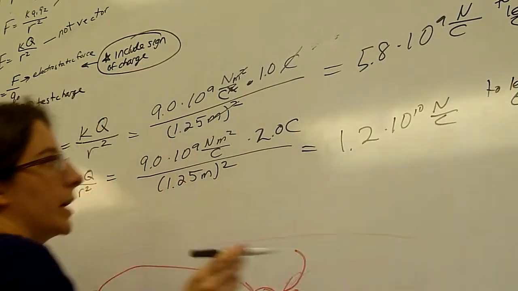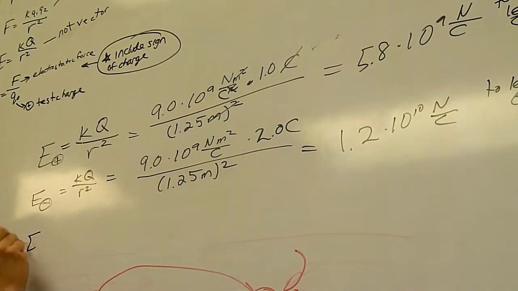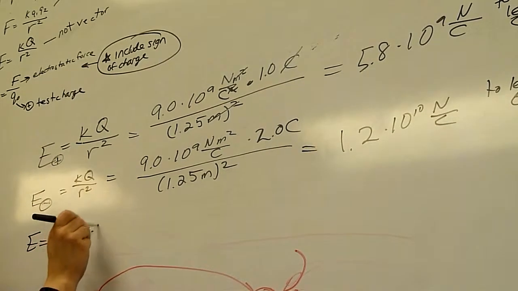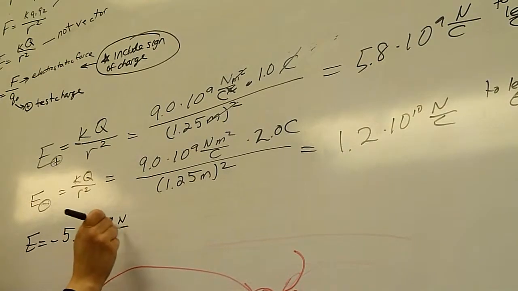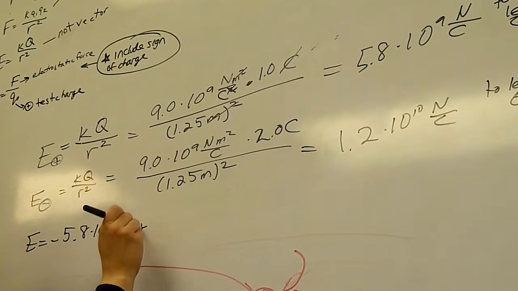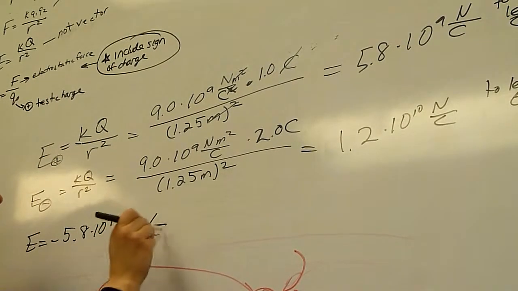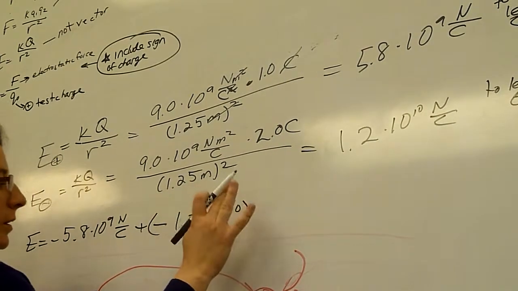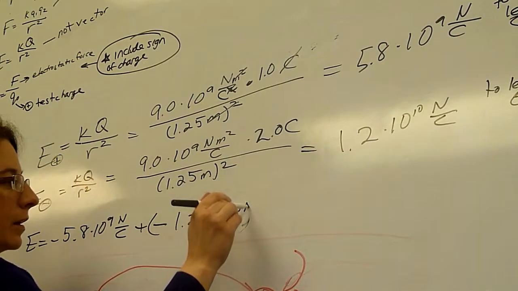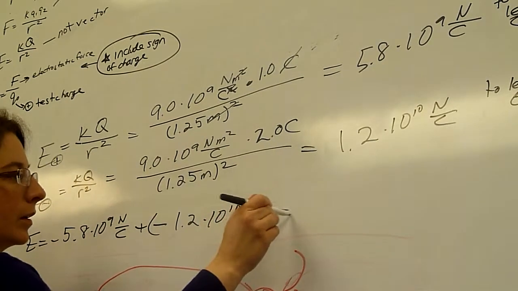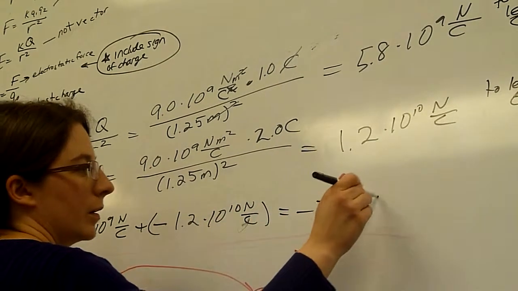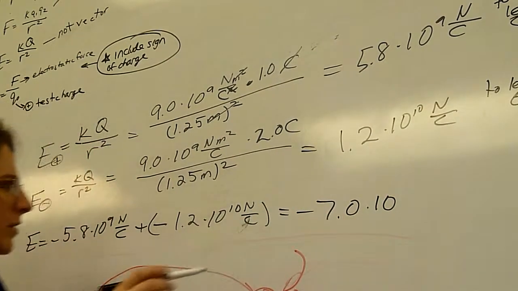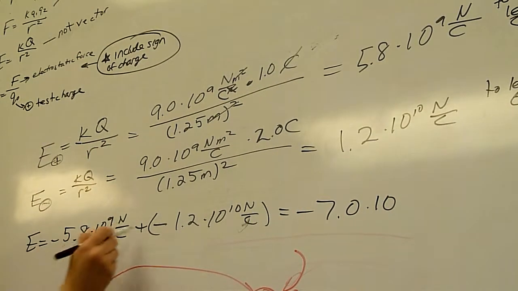Okay, so we're going to add them up. Negative 5.8 times 10 to the 9th plus a negative 1.2 times 10 to the 10th. If you add those, it's plus a negative.